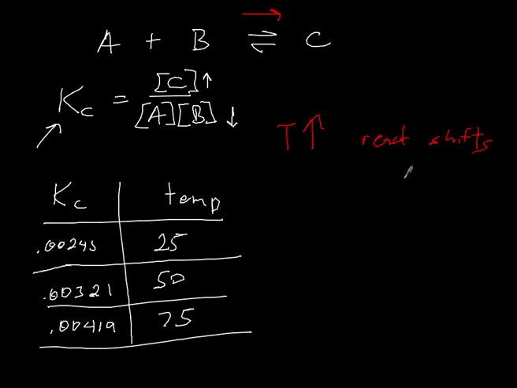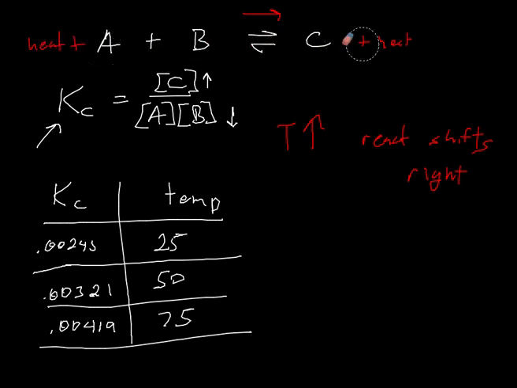Reaction shifts right. Now, what does that mean about where the heat is? Remember the heat. Do we put heat over here on the left side, or do we put heat over here on the right side? Because as the temperature goes up, that's going to affect where the heat is. And so if the temperature is going up, we need to have heat on the left side, because as we add heat, it's going to try to get away from the heat.